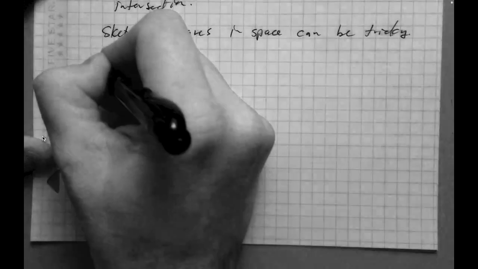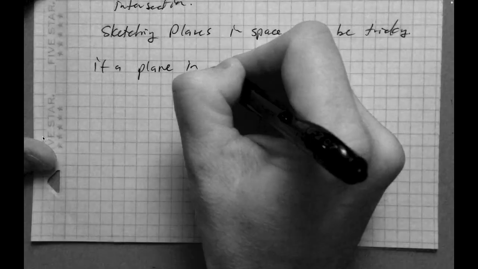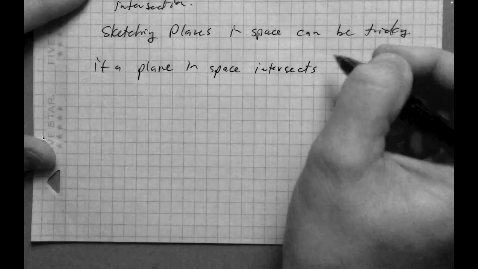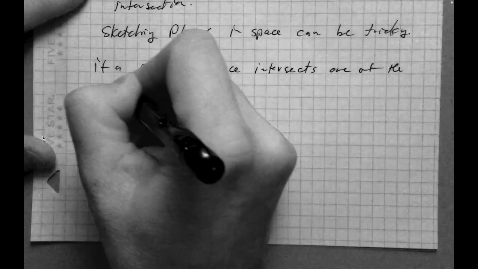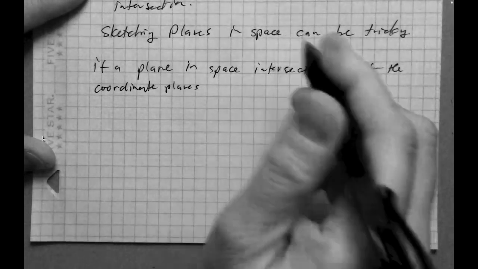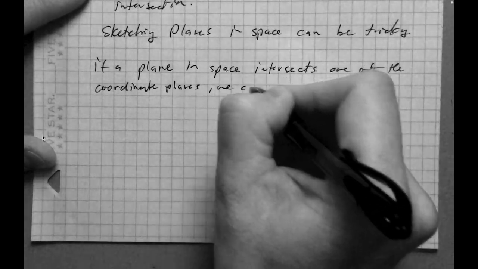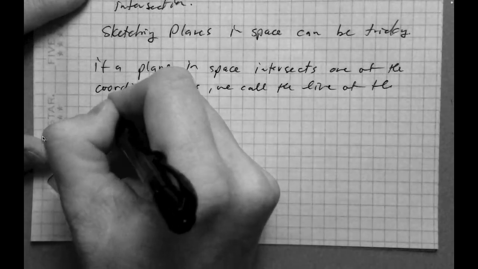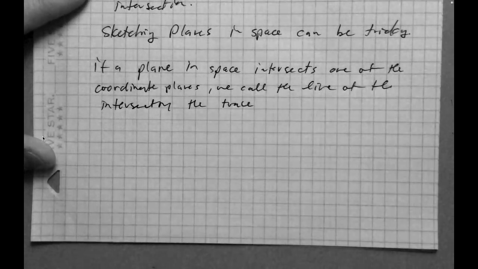If a plane in space intersects one of the coordinate planes, we call the line of intersection the trace.